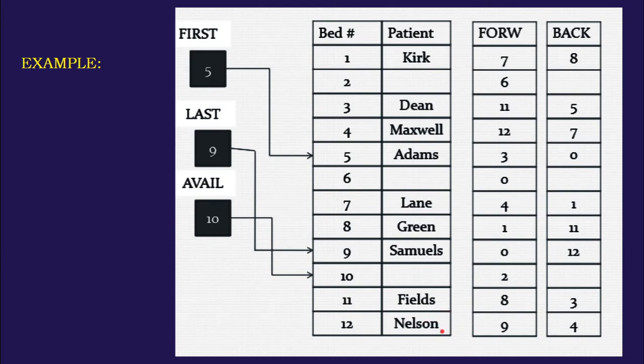After Nelson, 9 is the patient Samuel, and before Nelson, 4 is the patient Maxwell. So at any location I can find out the successor and the predecessor values. This is the example of how the linked list helps to traverse or navigate in both directions. Let us see the operations on the linked list.